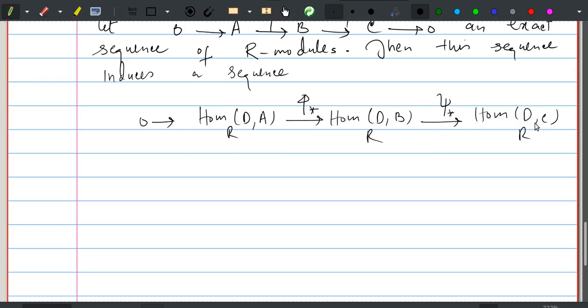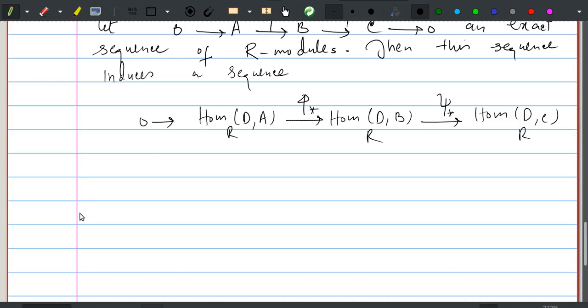One should observe here that 0 is not coming out of this module over here, but 0 is going in. Since 0 is going in, we have to prove phi star is injective, and then we have to prove this sequence is exact here, i.e. kernel of phi star is equal to image of psi star.